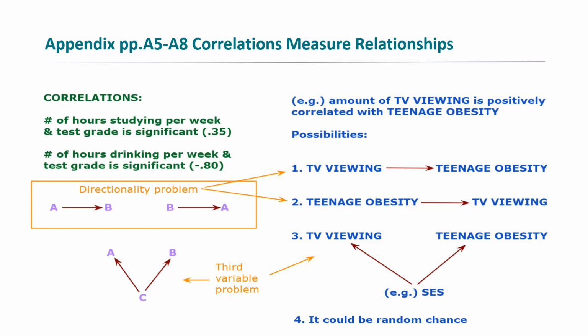And I'm sure you're all good critical thinkers and you've been paying attention, and you would all yell out that negative 0.8 is stronger than 0.35. It tells us that that's a stronger relationship between those two variables. So the amount you drink is more related to your test grade compared to the number of hours studying.